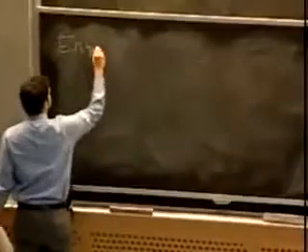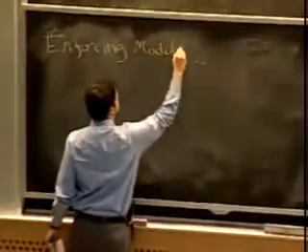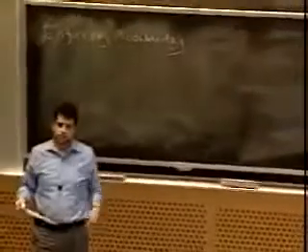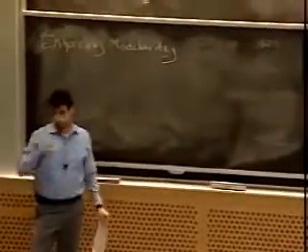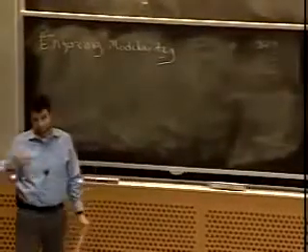So today we're going to keep talking about this concept of enforcing modularity that we started talking about last time. Last time we saw how we could use this notion of the client service model in order to separate two modules from each other.